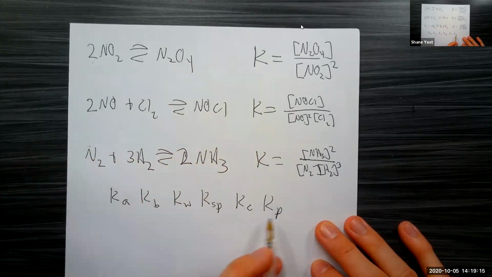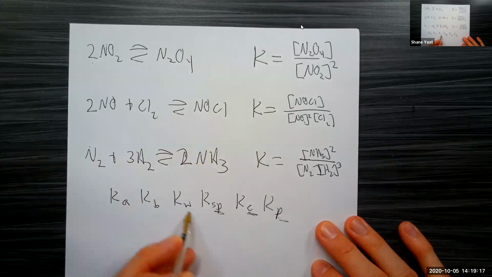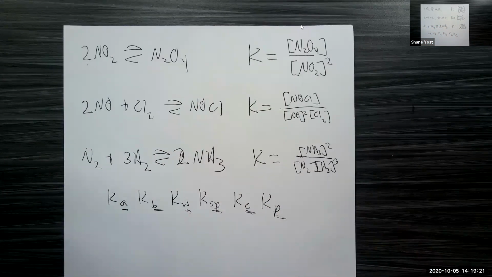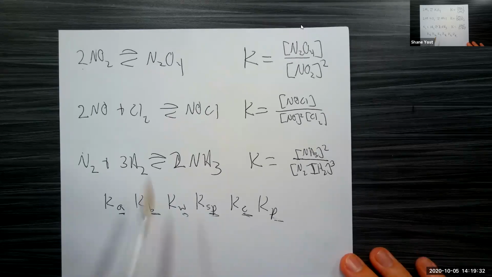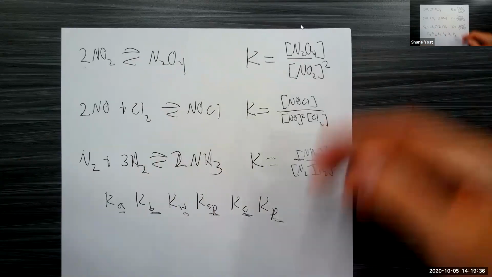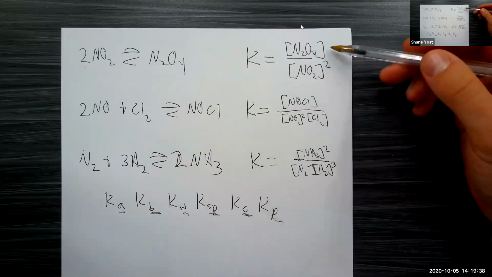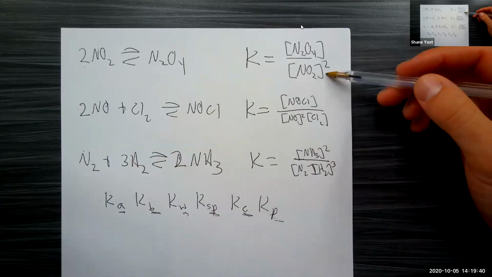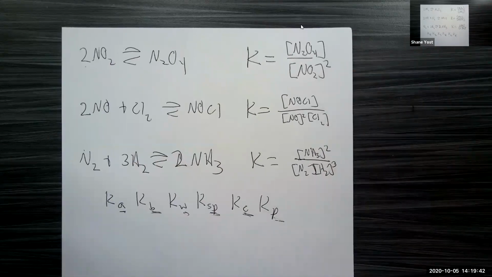We're going to use these little subscripts on our equilibrium constant expressions. They're going to indicate the type of equilibrium reaction we're talking about. But in the end, they're all just equilibrium reactions. So for every equilibrium reaction you ever see, the equilibrium constant is related to the concentrations of the products over the concentration of the reactants, raised to their stoichiometric coefficients.